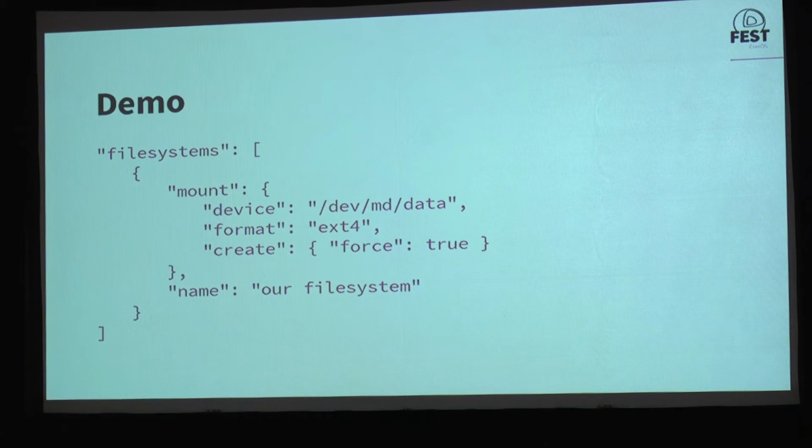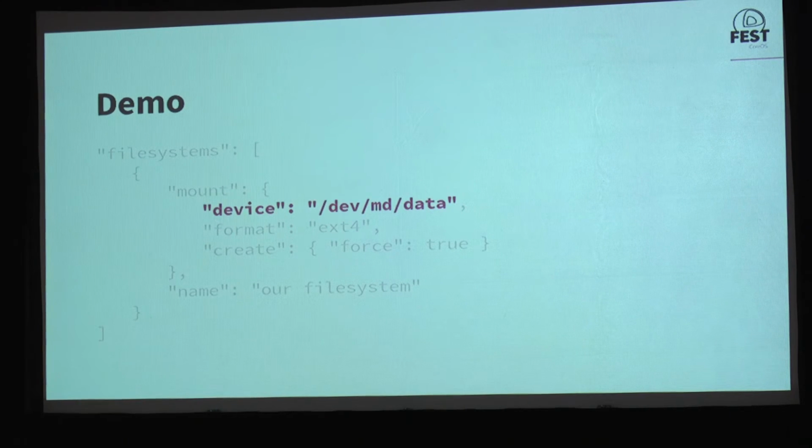So the next thing we do, now that we have this RAID array, is format the file system on the RAID array. We specify the device, MD data, which was the name we just used. We tell it it's going to be ext4. And we're going to force create it. The force create just means if there's existing data, don't worry about it, blow it all away, create a new file system.